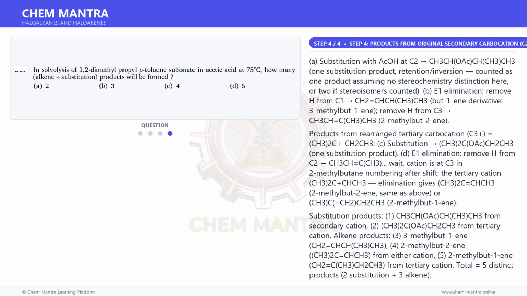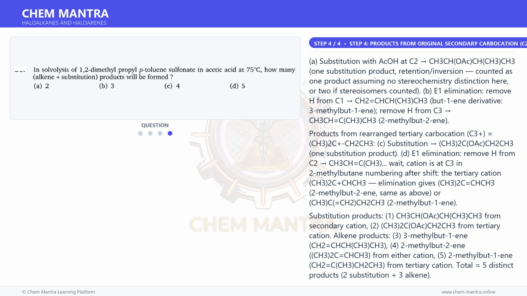Products from the rearranged tertiary carbocation, C3+, CH3C+(CH3)CH2CH3: substitution, CH3C(OAc)(CH3)CH2CH3, 1 substitution product. D. E1 elimination: the cation is at C3 in the methylbutane numbering after the shift, the tertiary cation.